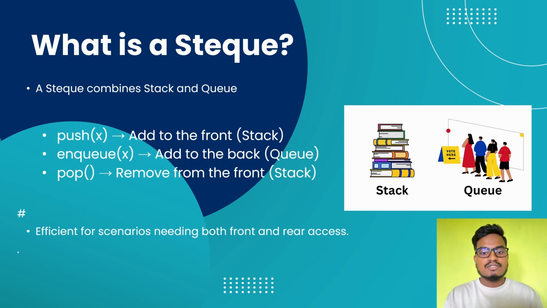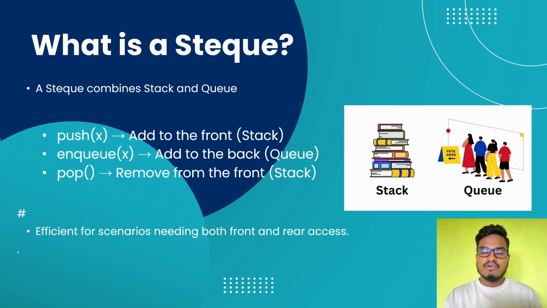Push adds to the front like a stack, and enqueue adds to the back like a queue. Pop removes the front, again like a stack. This combination gives you versatility. You can choose which end to add to and remove from.